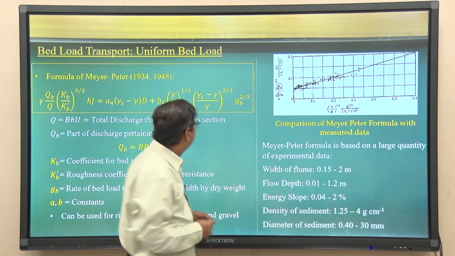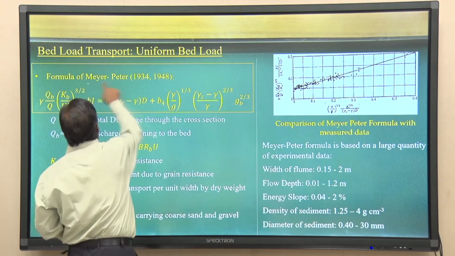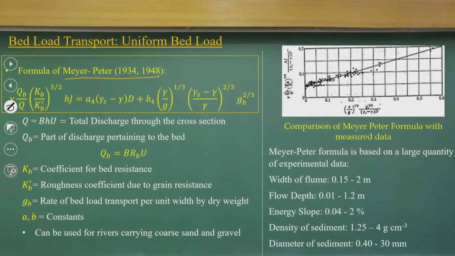That is by Meyer-Peter and Müller, long back in 1948. They established very complex equations between the part of discharge pertaining to the bed, the coefficients of bed resistance, roughness coefficients, and the rate of bed load, where these constants are given. If you look at these equations, they are very complex, established way back in 1948 to compute the bed loads.